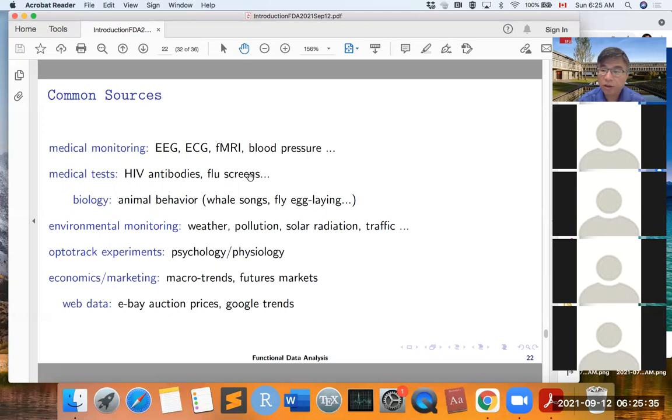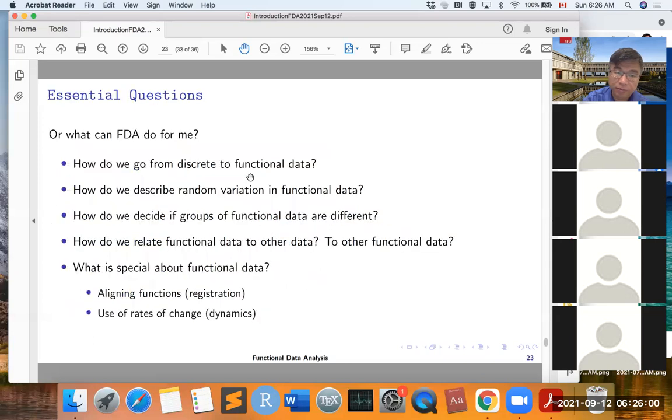In economics, when we have the interest rate changing over time, it can also be functional data. And in web data, when we have eBay auction prices changing over time, or Google Trends changing over time, they all can be viewed as functional data.